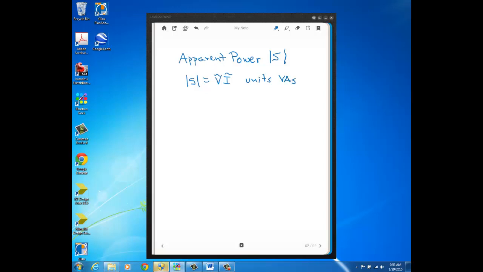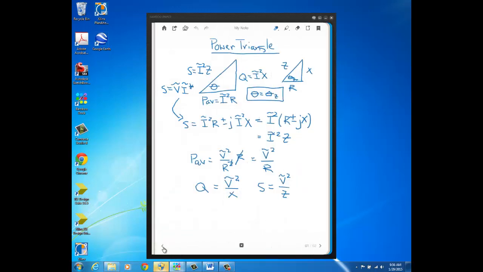In fact, let's go back and just quickly review the units of our AC powers. Complex power and also apparent power have the same units, VAs, right? Because apparent power is just the magnitude of complex power, so it has the same units. Reactive power from a previous video, remember that its units are VARs, and then P average has units of watts, just like DC power.